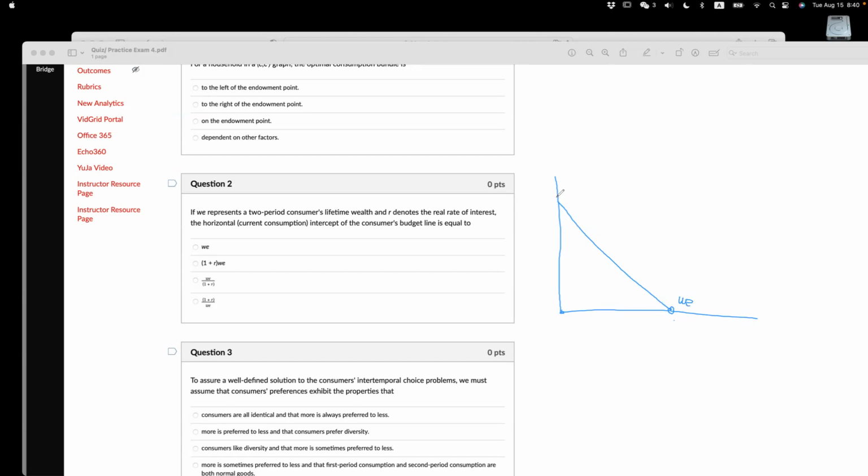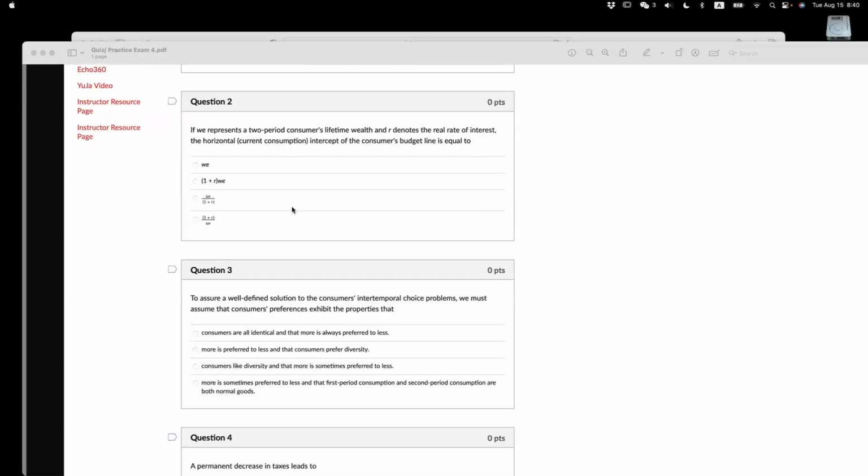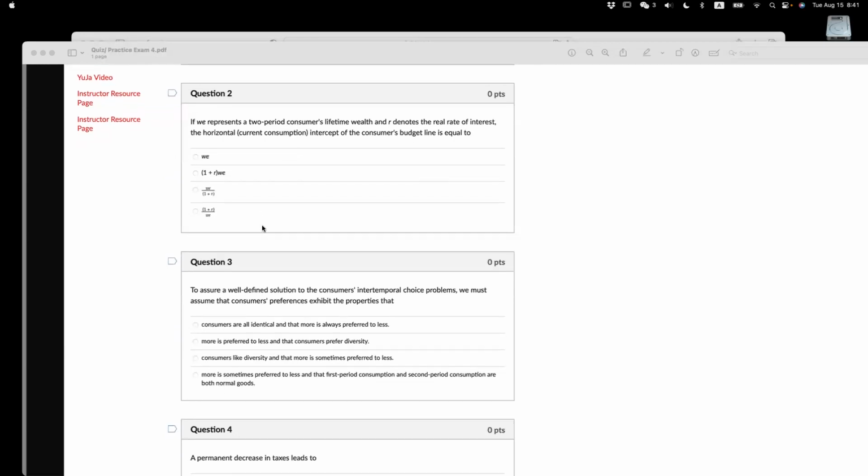On the other axis, this is going to be WE times 1 plus R. Again, the answer here is the first one, WE, lifetime wealth.